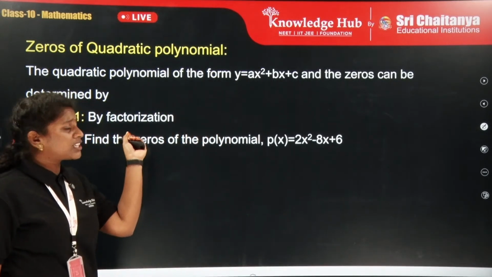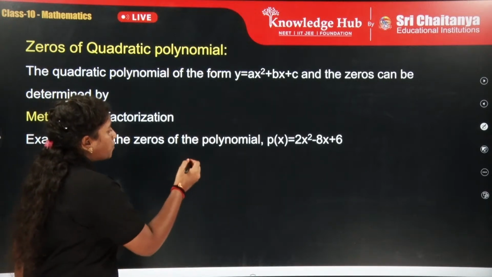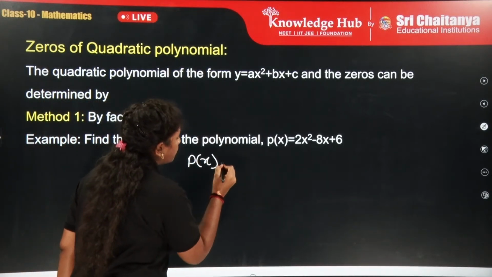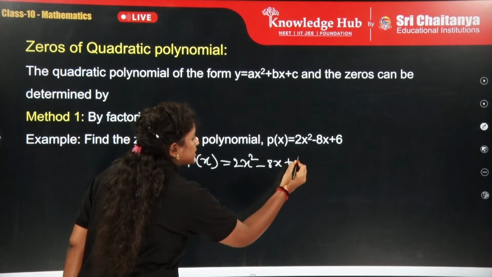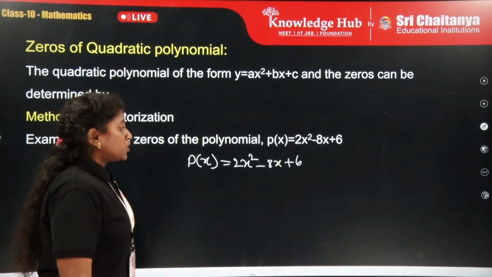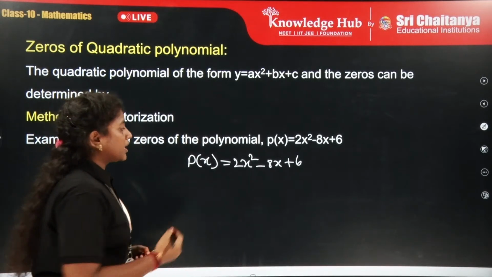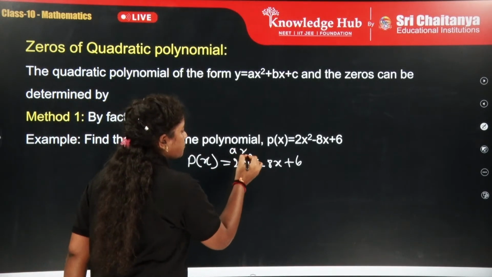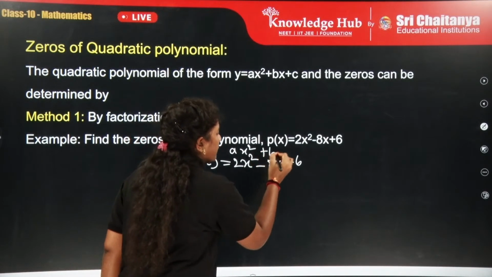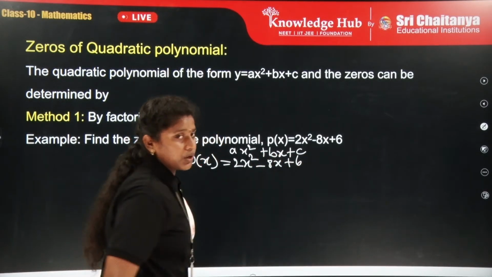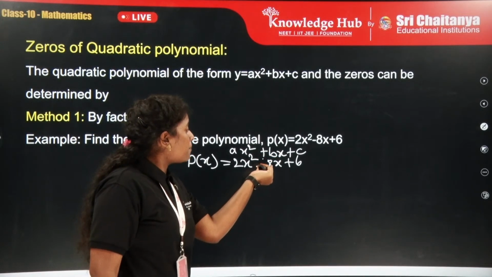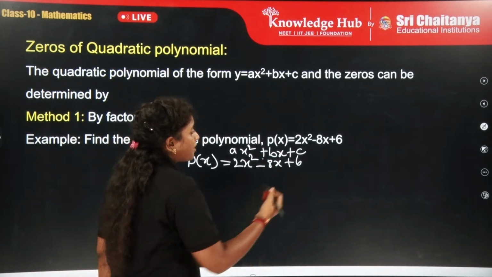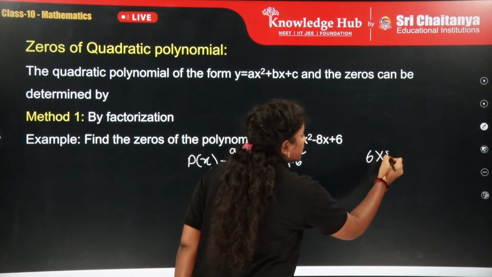Coming to the first one, factorization. First of all, we are going to take the polynomial p of x equals 2x square minus 8x plus 6. Now in factorization, if I compare it with the standard form ax square plus bx plus c, here the b value will become minus 8. In factorization, we know that 6 is going to be multiplied with 2.